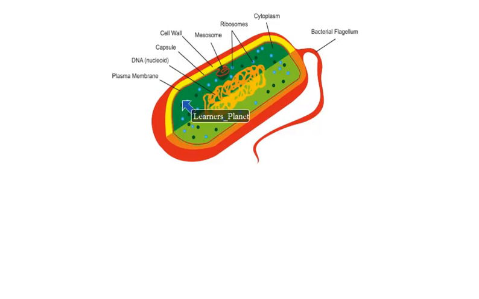Besides, there is the presence of cytoplasm, ribosomes and bacterial flagellum. Ribosomes are meant for protein synthesis. Cytoplasm is a jelly-like matrix present within the cavity of the cell. The bacterial flagellum helps in the locomotion of this organism.